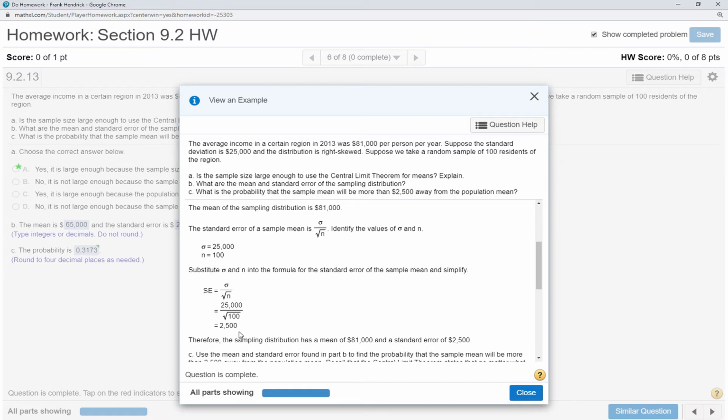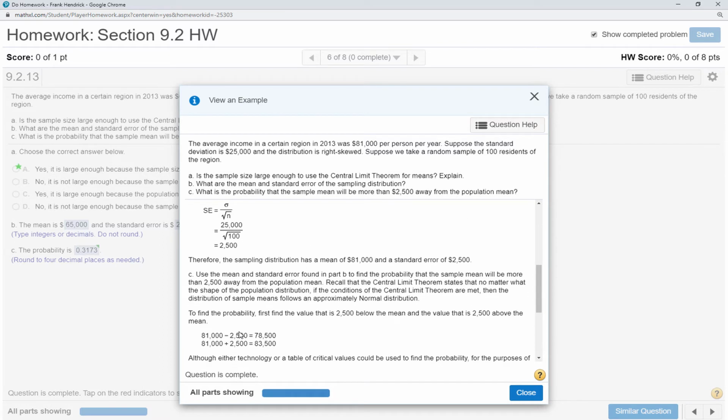C, what's the probability that the sample mean will be more than 2,500 away from the population mean? To find the probability here, the value could be 2,500 below the mean or above the mean.